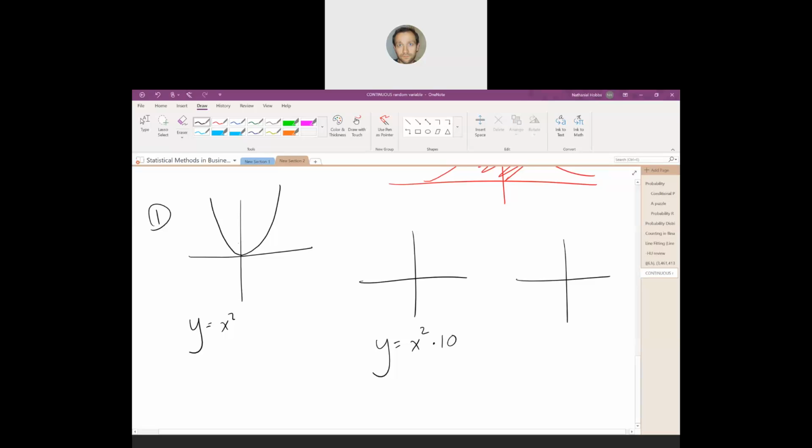Just for a point of reference, 1, 1. 2, 4. The graph may look more thin and steep. So you think it would look something like that. Okay, let's check it.